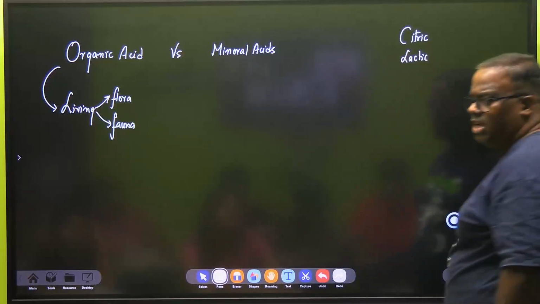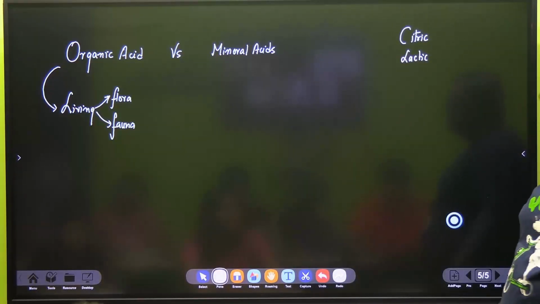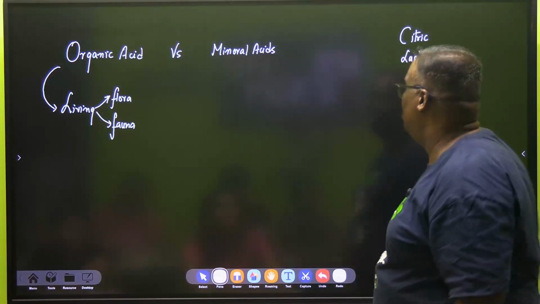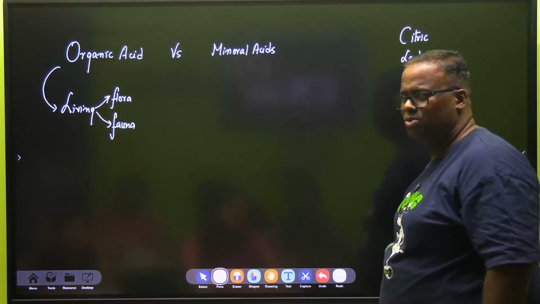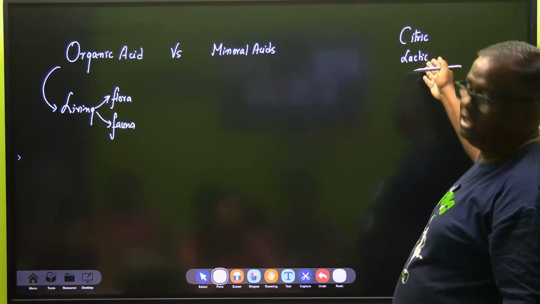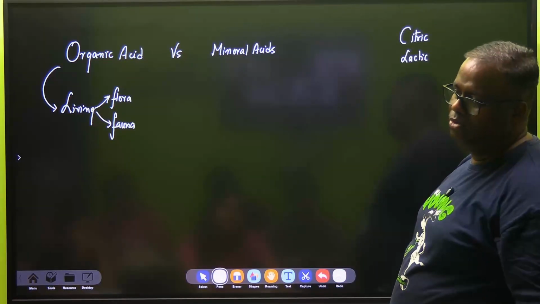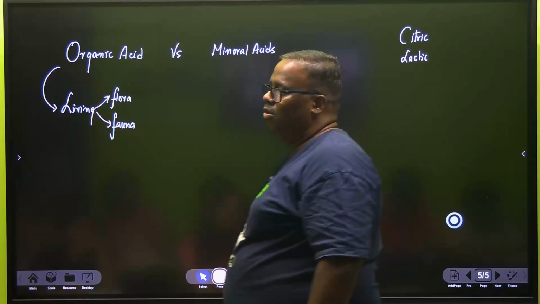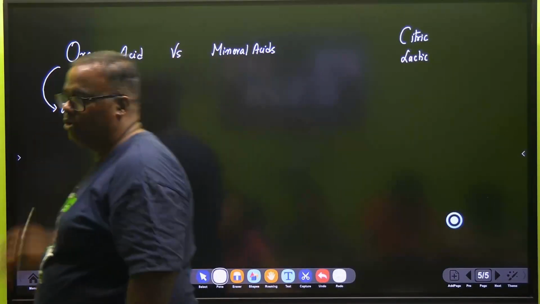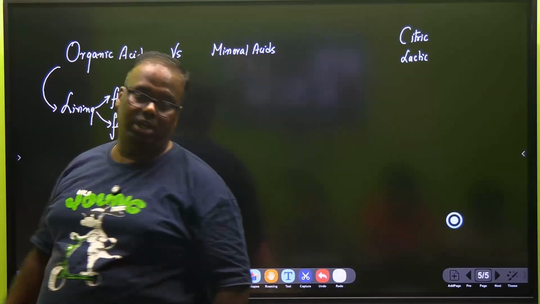Similarly, in fruits, you will get malic acid, like also tartaric acid. Okay, so all these acids are known as organic acids. Nobody will ask you so many names, but you should know just a few of them: citric acid, lactic acid, then malic acid. These acids are obtained from organic substances, so they are called organic acids.